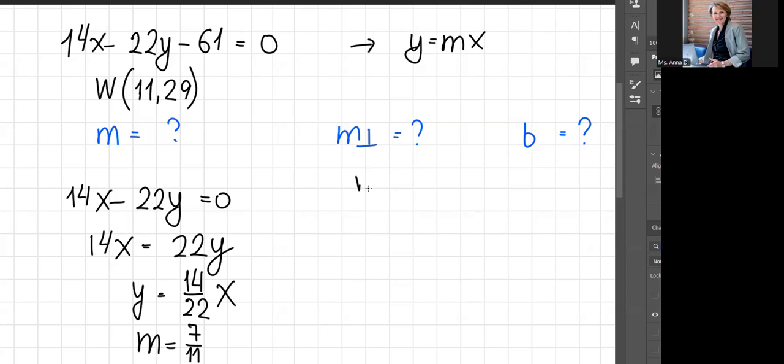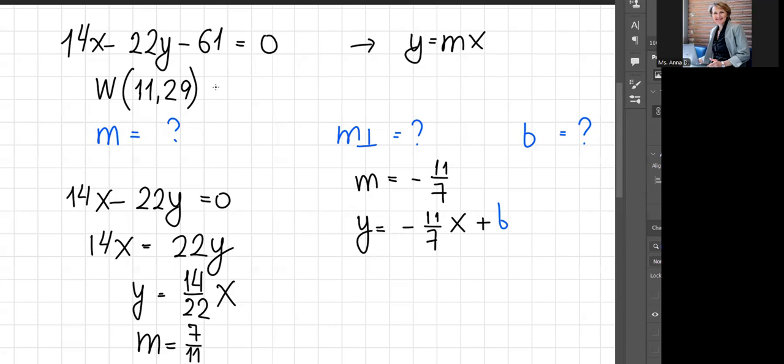That means that the slope of the perpendicular line will be negative 11 over 7. And potentially the new equation will look like negative 11 over 7x plus our currently unknown b.